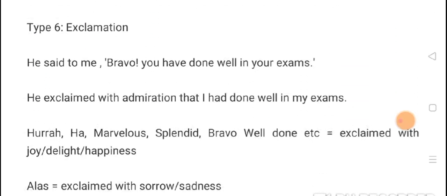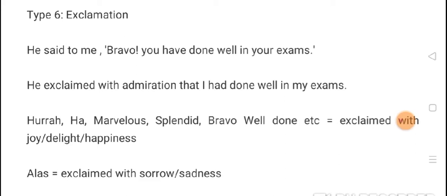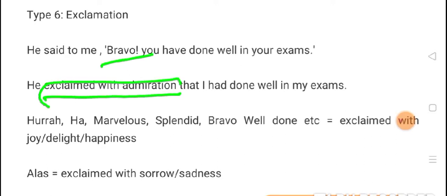Okay, now type 6. He said to me, bravo, you have done well in your exam. So it's an exclamatory sentence. Bravo, he exclaimed with admiration, because for "well done" we have to use "exclaimed with admiration". That is used here in case of exclamation.